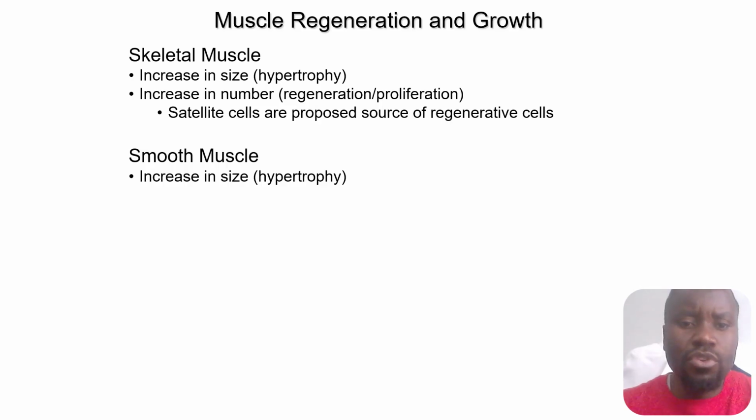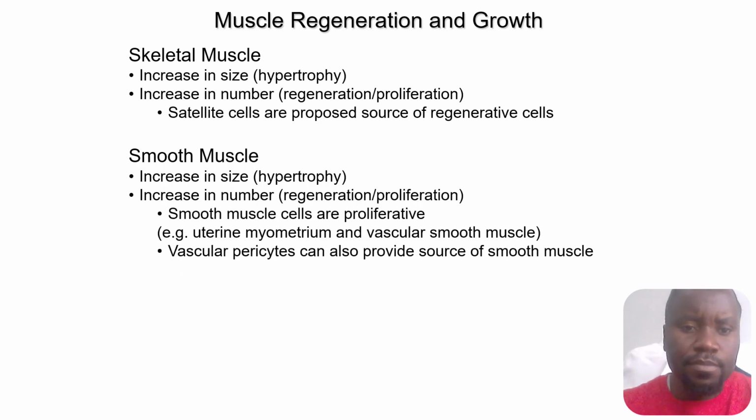Smooth muscle cells also tend to increase in size under continuous stimulation, and that is also called hypertrophy. An increase in the number of cells, leading to proliferation, also helps in regeneration, and these smooth muscle cells tend to be proliferative.